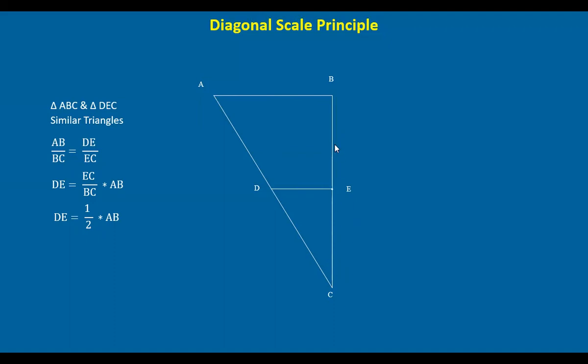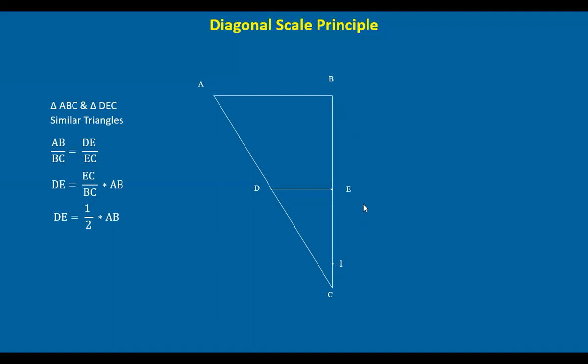This is the basic principle used behind diagonal scales. Let's apply this further. We take one point here that is 1/10 of BC. Suppose BC is 10 units, and this point 1 is 1 unit from C. Suppose this is 10 centimeters, and this is 1 centimeter.